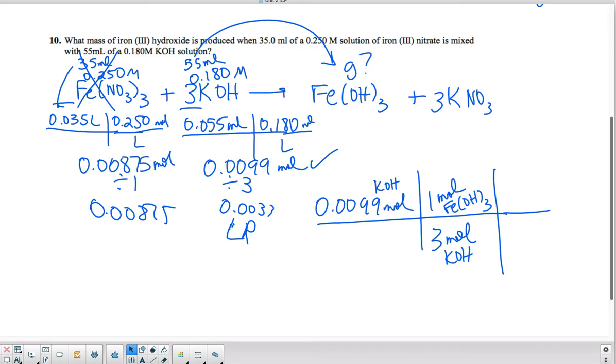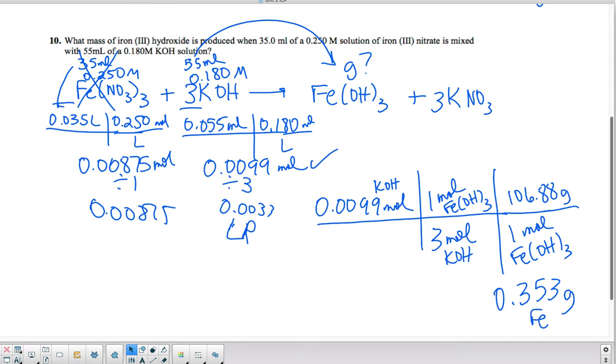And then for every 1 mole of FeOH3, I got a molar mass of 106.88 grams for a final answer of 0.353 grams of ferric hydroxide. That would be iron 3 hydroxide.